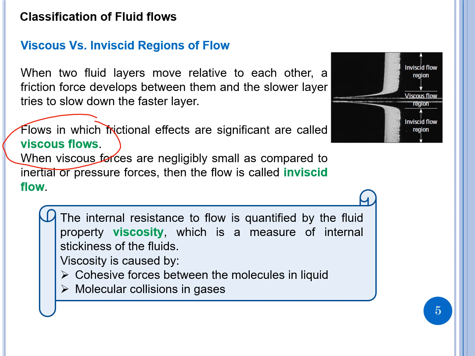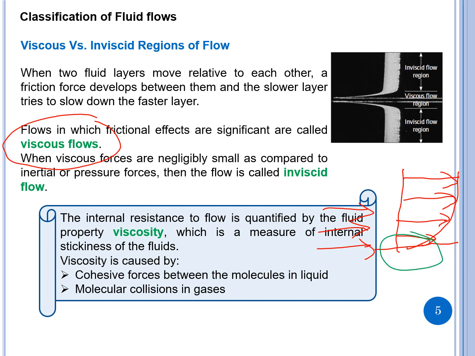Or if you think about it the opposite way, this is the plate and the fluid is moving like this. Now the velocity profile is going to be like that: higher velocity as it goes away, and as it comes closer the velocity keeps on decreasing until it becomes 0 because of the no slip condition.